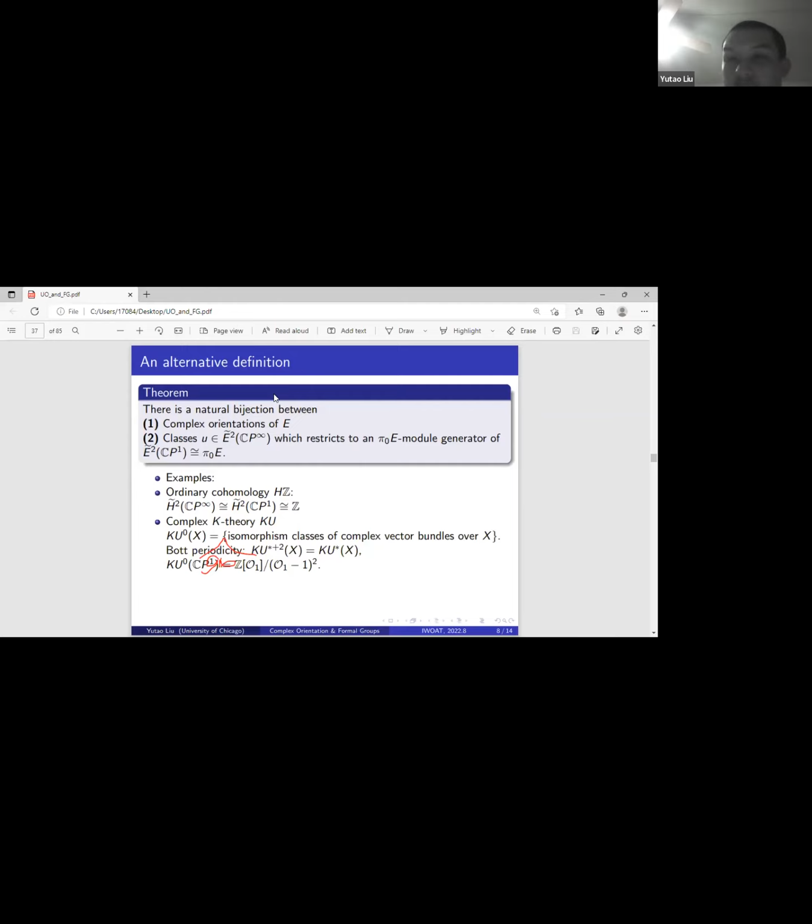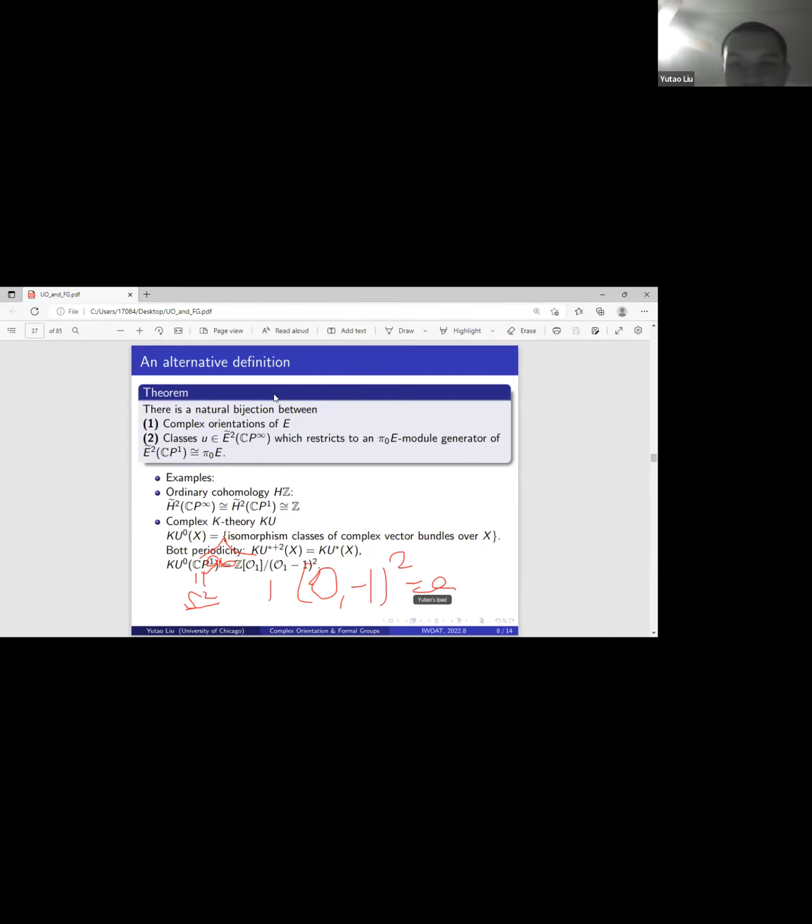And also there's another computation by Bott, which computes the KU0 cohomology of CP1, which is the same as S2. As a Z module, it is generated by the trivial bundle 1, and also the tautological bundle over CP1 minus 1. The square of this one is 0.